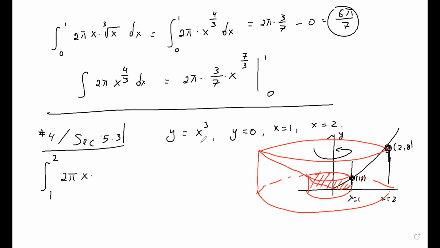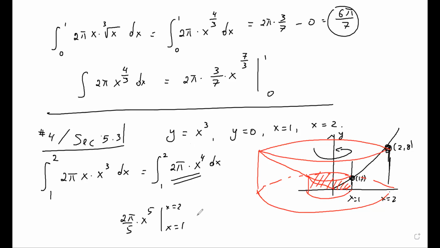So when we get that, we're going to write x cubed here, dx. This is really going to be a simple integral. So it's 2 pi times x to the 4 dx, and that is going to be the antiderivative of 2 pi x to the 4. I can even write it directly. So 2 pi over 5 times x to the 5th, from x equals 1 to x equals 2.